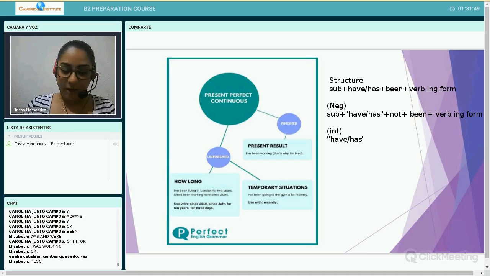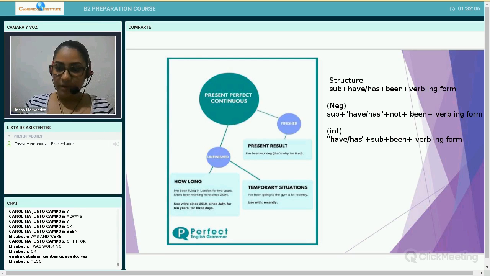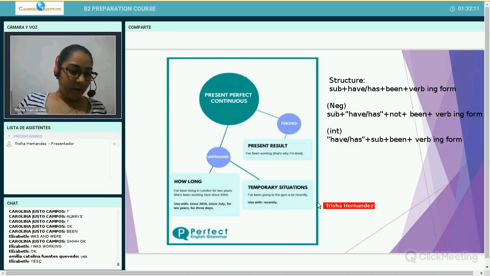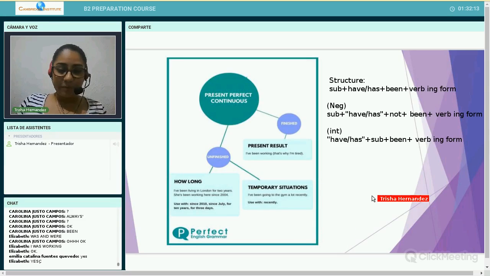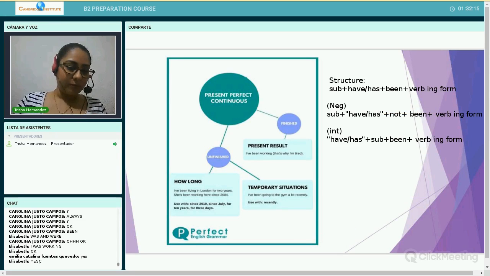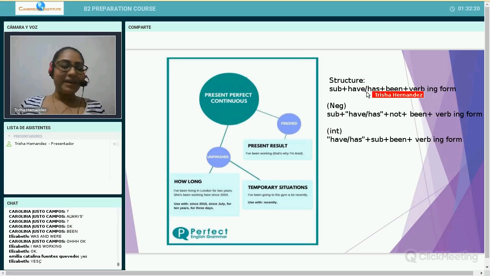Has, our subject and the been plus ing form. Verb and ing form. There it is. Have you been waiting too long, for example? Okay. Do you want to take notes of this, or we can get to the very good part, the exercises.